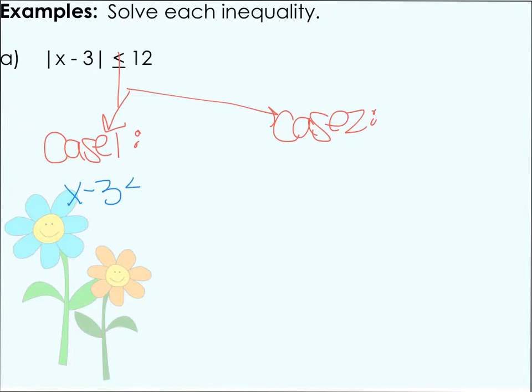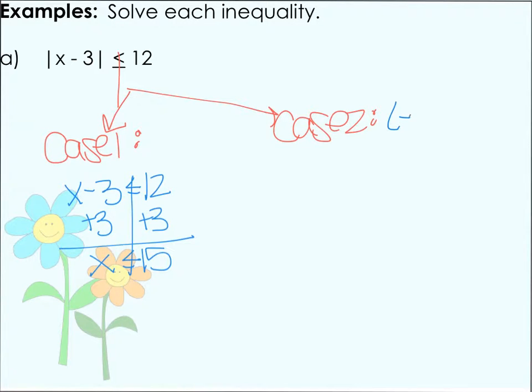So case 1, you're going to solve it exactly as it is. I'm just going to solve it right away. So x is less than or equal to 15. Again, this is one solution. There are always two solutions for absolute values, so I need to set up the other case.